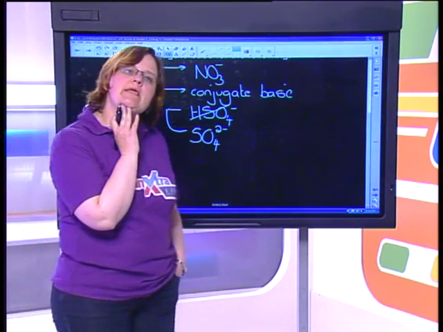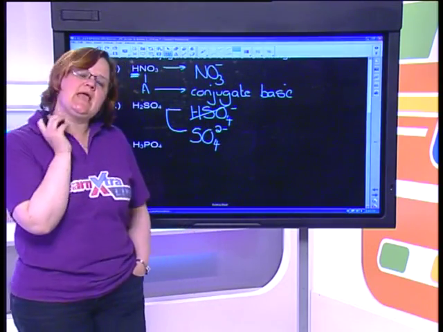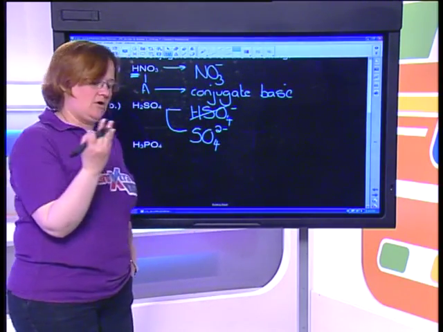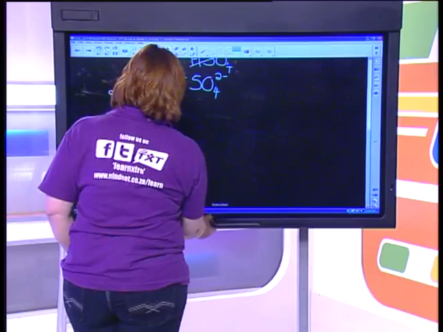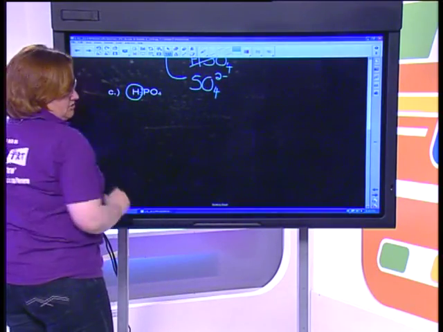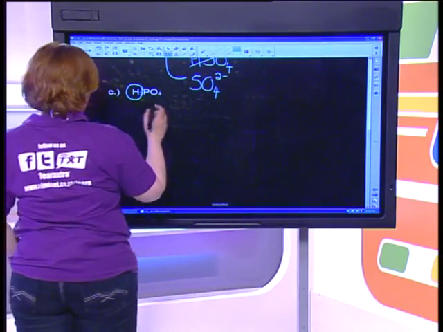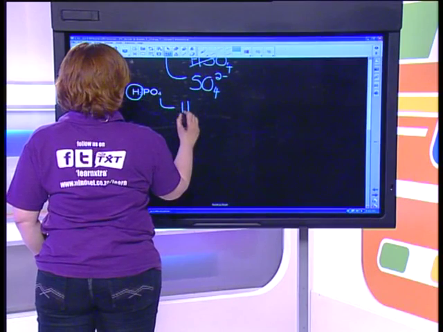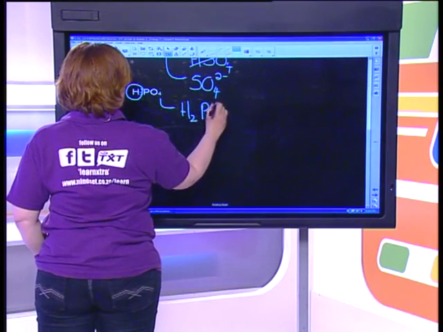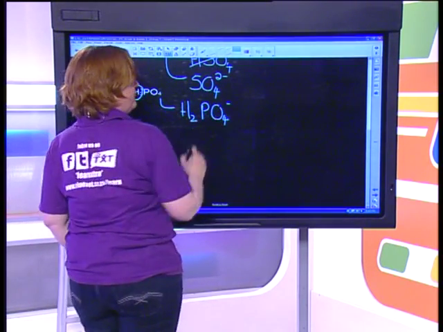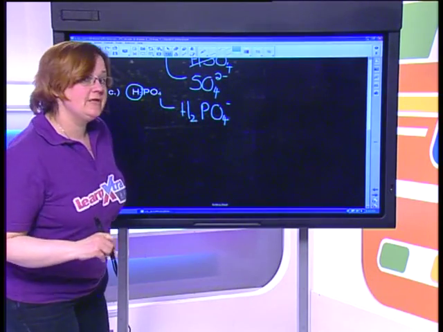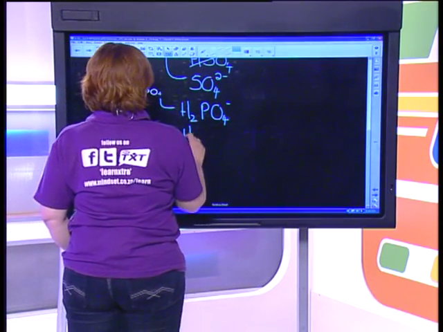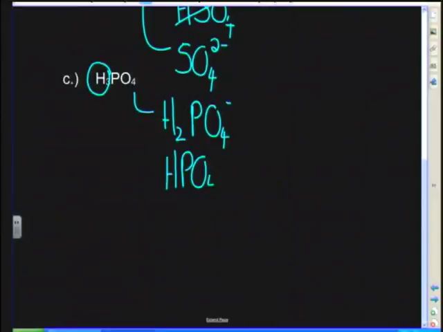Now we've got another one, H3PO4. Now we've got 3. That means we can have 3 conjugate bases here because it's got 3 hydrogens to give away. So if it only gives away 1, it becomes H2PO4 minus. If it gives away 2, it becomes HPO4 2 minus.